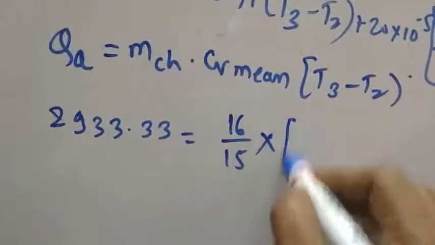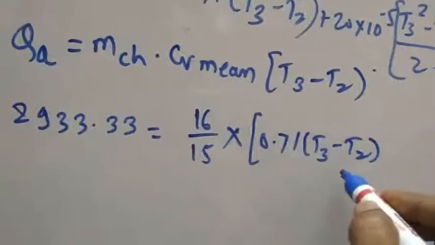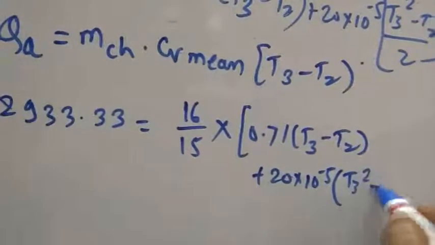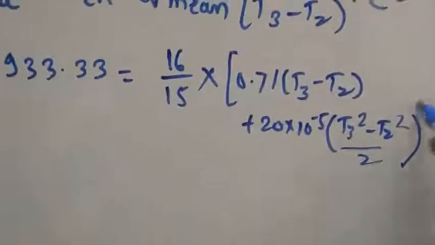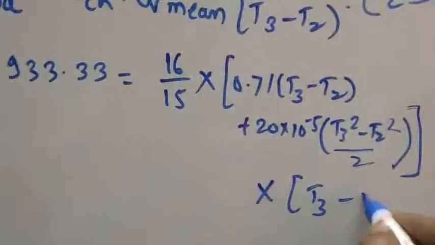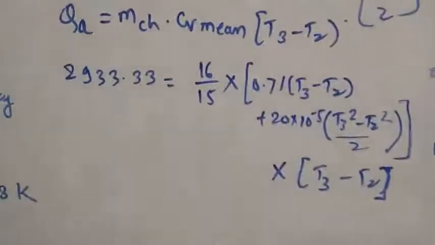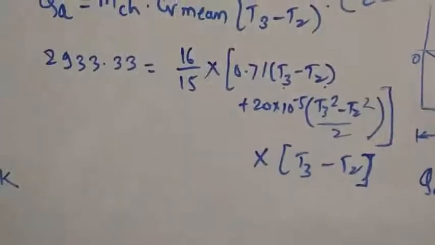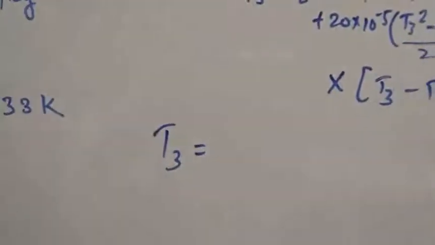The CV mean equation we already know: 0.71 into T3 minus T2, plus 20 into 10 raised to minus 5 into T3 square minus T2 square divided by 2. This is the CV mean, into T3 minus T2. In this equation T2 is already known, the unknown is T3. Put the values of everything and get the temperature at point T3.